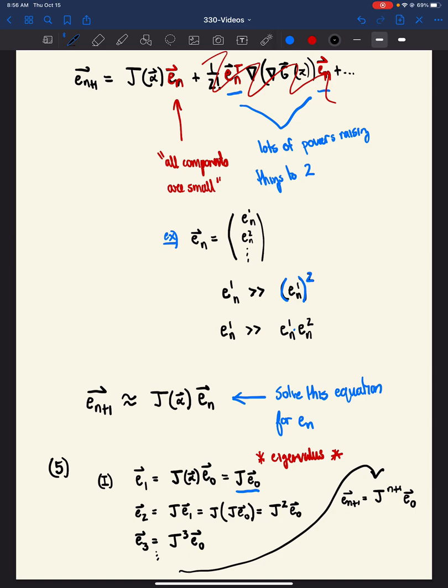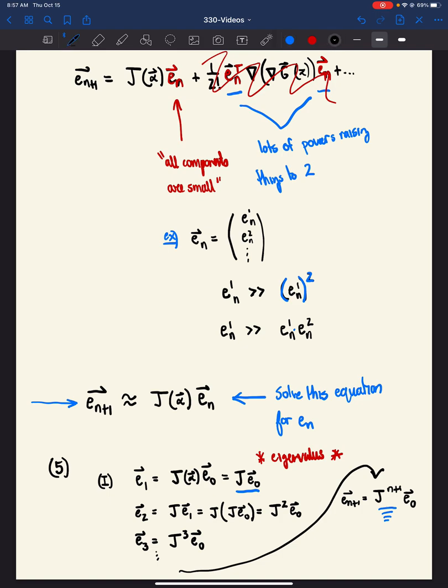So all that to say, what it looks like when we're iterating this discrete equation is that we are just multiplying this Jacobian onto the original error vector over and over and over. So that's the first idea I want to bring us into.